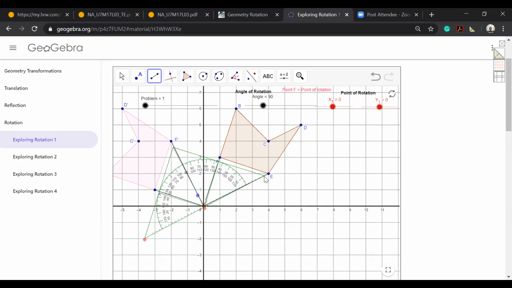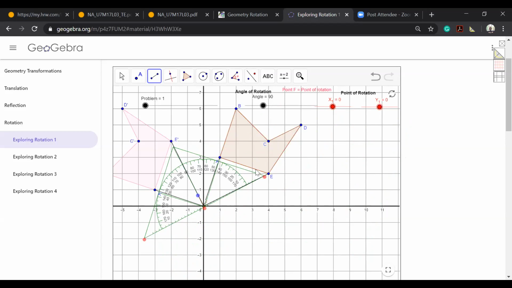This is the line this time. Should I measure it from here or there? My line is here, so I'm going to measure it from here. So 0, 10, 20, until I reach again 90 degrees. So this angle is 90 degrees.